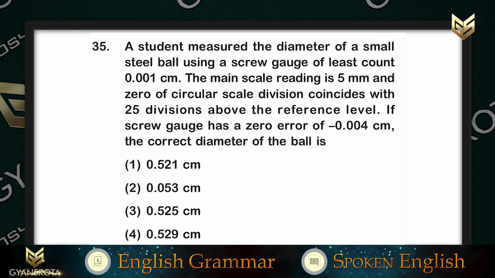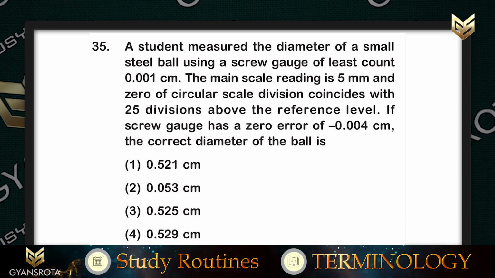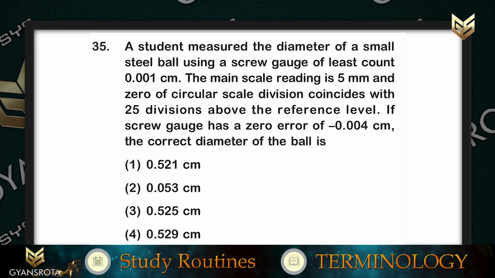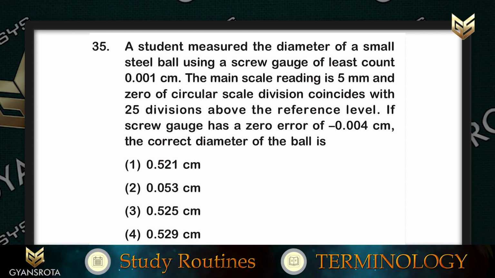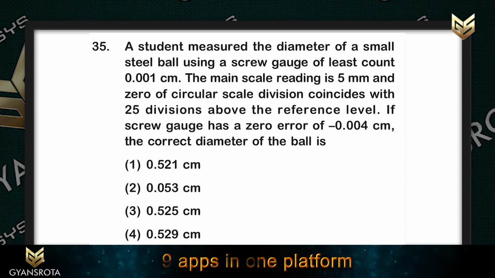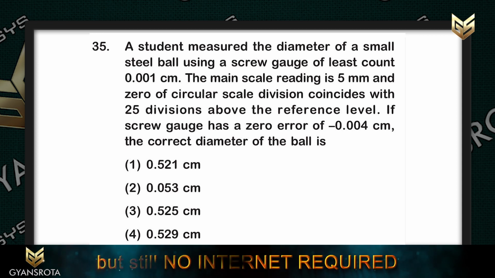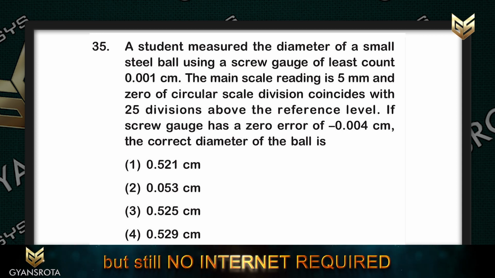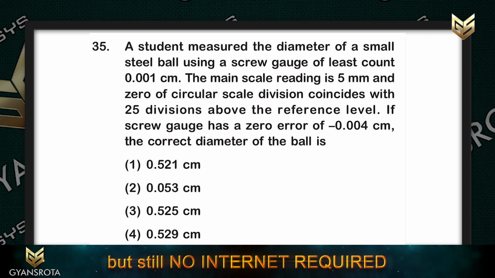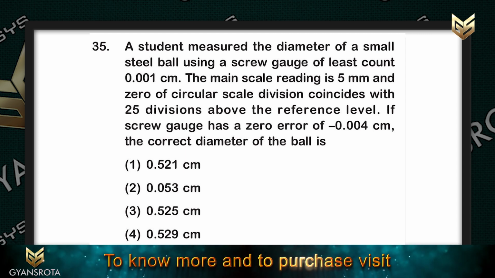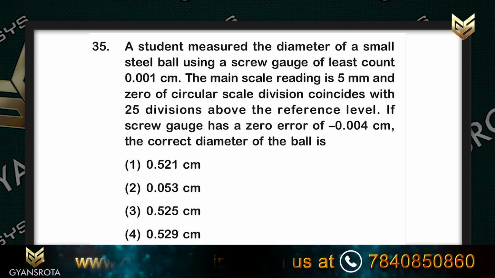The main scale reading is 5 millimeter and 0 of circular scale division coincides with 25th division above the reference level. So circular scale reading is there, main scale reading is also there, least count is also given to you. If the screw gauge has a zero error of minus 0.004 centimeter, the correct diameter of the ball is.